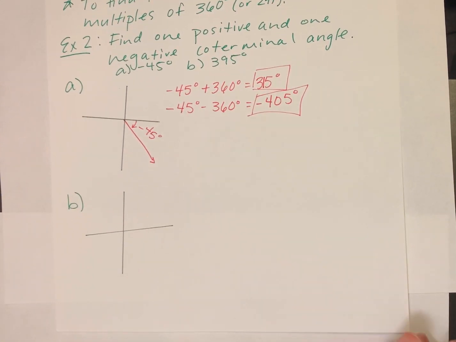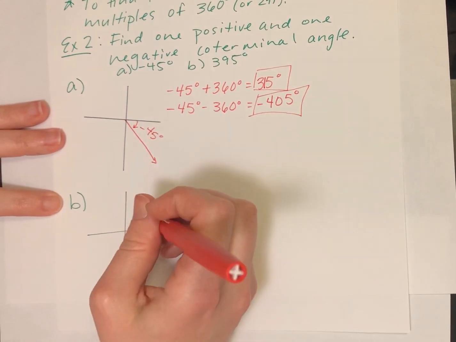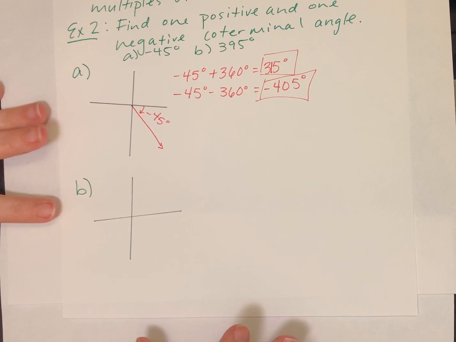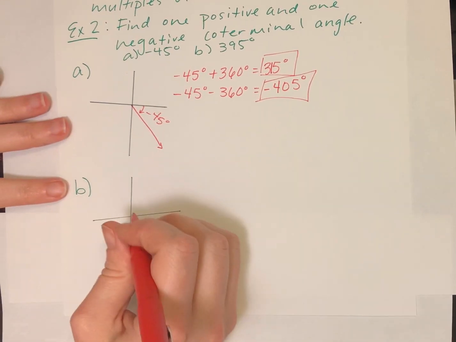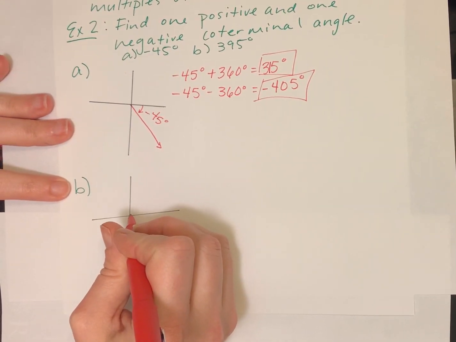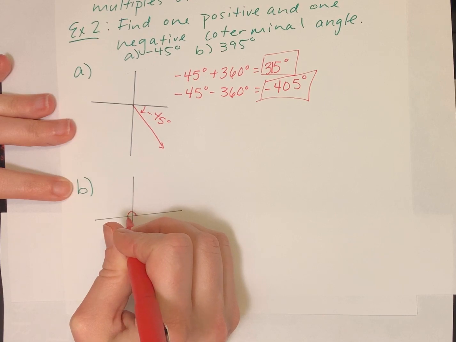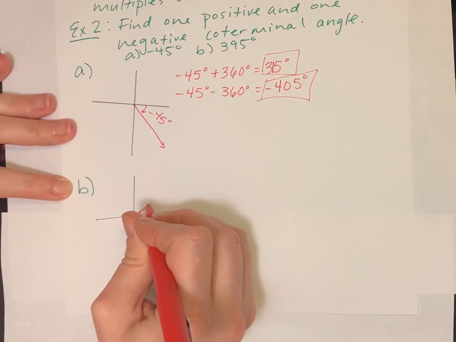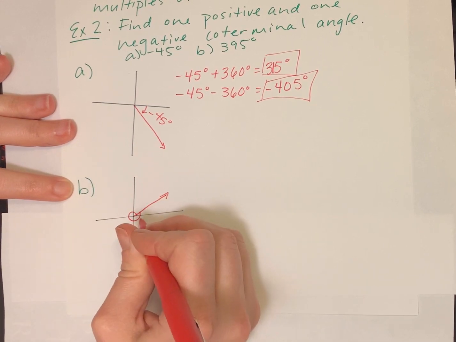Part B. So we're looking for 395 degrees. So 395 degrees, we're going to go around once and then a little bit past. So it's approximately here.